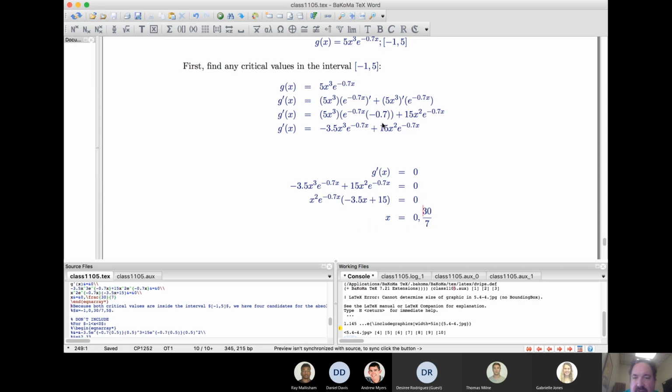Now, check the interval, minus 1 to 5. Both of these lie within this interval, because 30 over 7 is going to be like 4.285. So it's in this range. So now we have 4 candidates for max and min: minus 1, 5, 0, and 30 over 7.